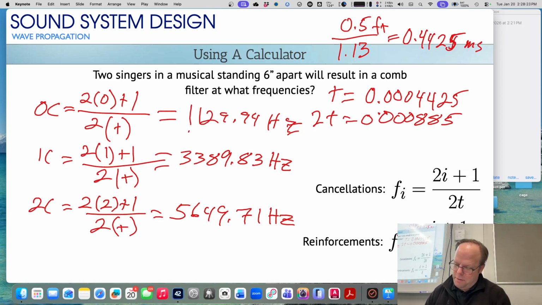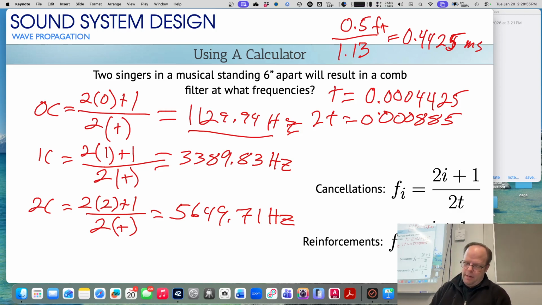So just do me a favor. Take 1,129.94 times 3. Okay, now do 1,129.94 times 5. How do you know these numbers? Because it's 2 times the integer plus 1.